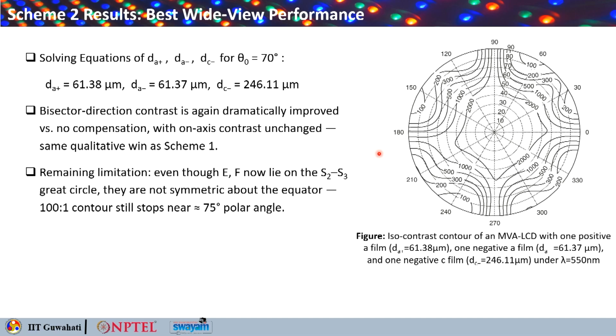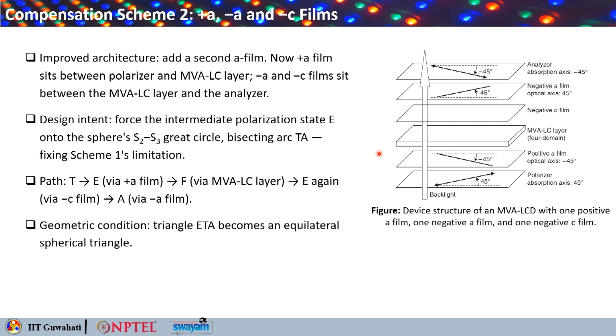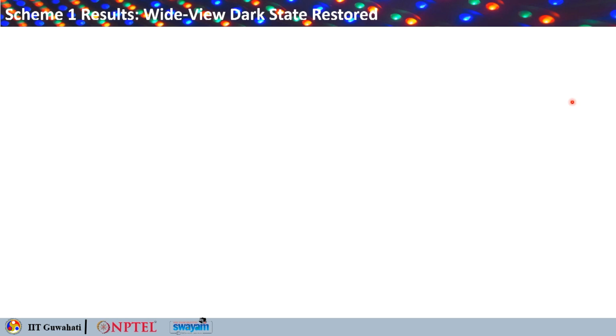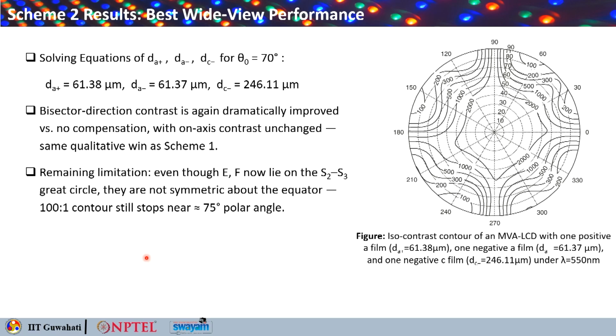However, the remaining limitation here is that even though in this case E and F are made to lie on that S2 S3 great circle, you can see here the great circle we are talking about, with the 3 axes, they are not symmetric about the equator.